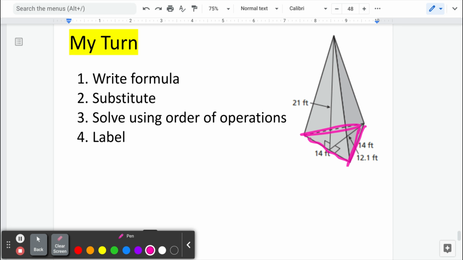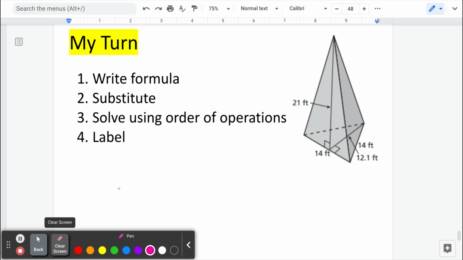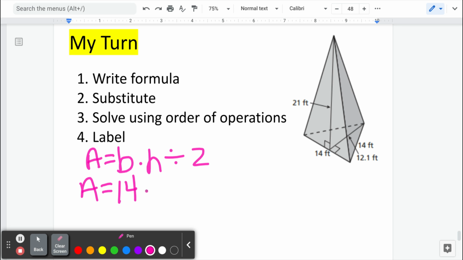I find the formula for a bottom triangle by doing base times height divided by 2. Again, this is for my pink triangle at the bottom. My base of the bottom triangle, we can see here, is 14 times, now this is where it can get a little bit trickier.